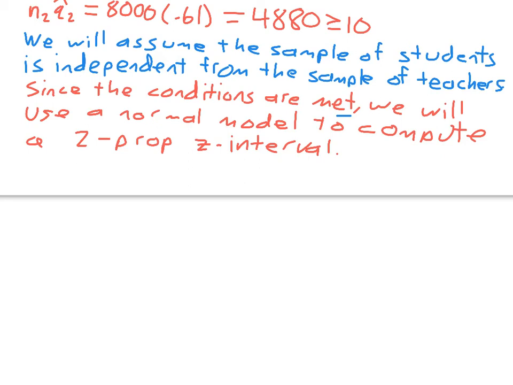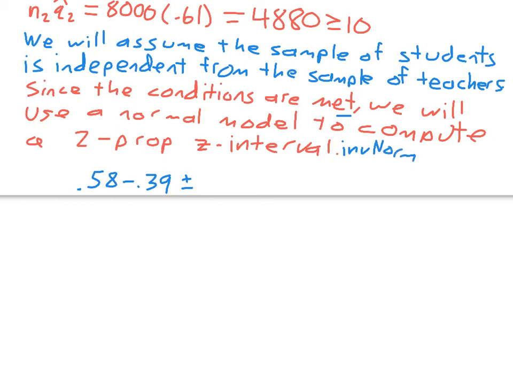So the proportions were 0.58 and 0.39. We subtract those to find the average difference. Okay, the next thing we need is a z-star. They asked us to find a 90% confidence interval, so we're going to do inverse norm.